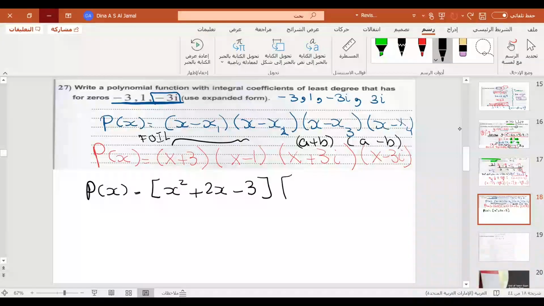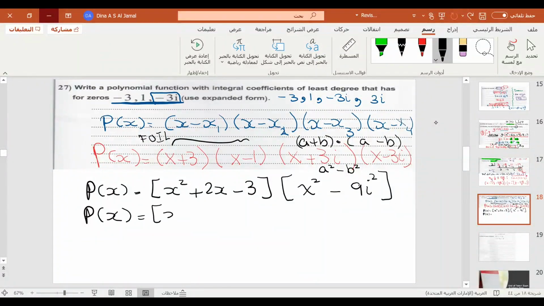And here, it will be a squared minus b squared, so x squared minus 9i squared. So after simplifying this, you will be having p of x equals x squared plus 2x minus 3 times x squared plus 9.